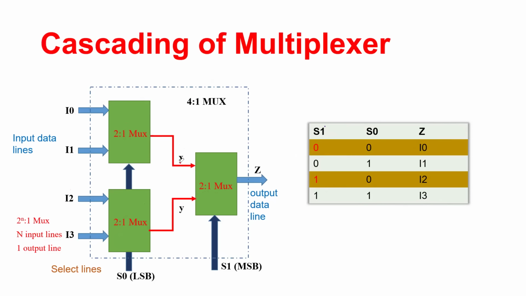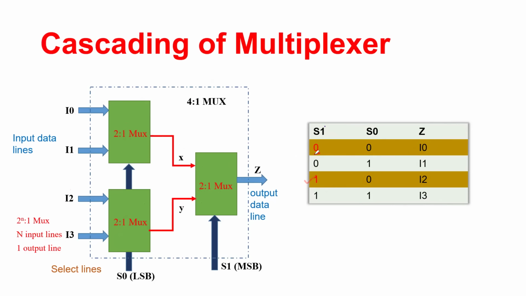Now, whether X gets transferred to Z or Y gets transferred to Z depends on whether S1 is 0 or 1. So in the first case, when S0 is 0, as I said, I0 and I2 should reach the output Z, and that depends on whether S1 is 0 or 1.